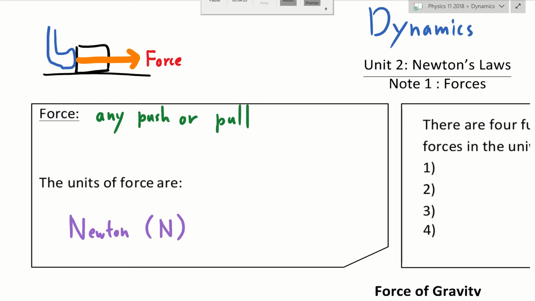The rumor has it that this is how he started his study and thinking about gravity, and eventually came up with all these equations that we're going to learn, and some of them we have already done. So 1 newton is about the weight of an apple on your hand.